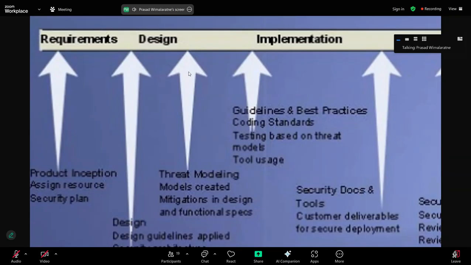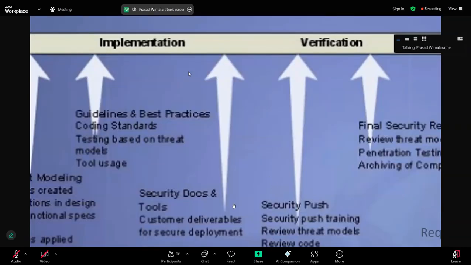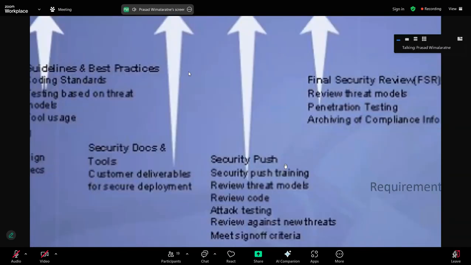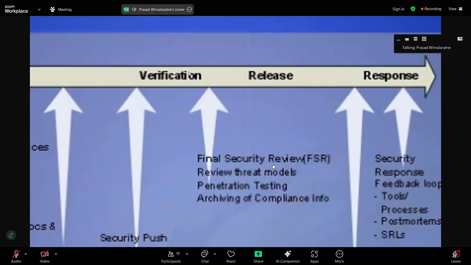Security code reviews, following defensive coding guidelines, conducting various testing, and reviewing the attack testing and whatever you do. And then final security review and response.